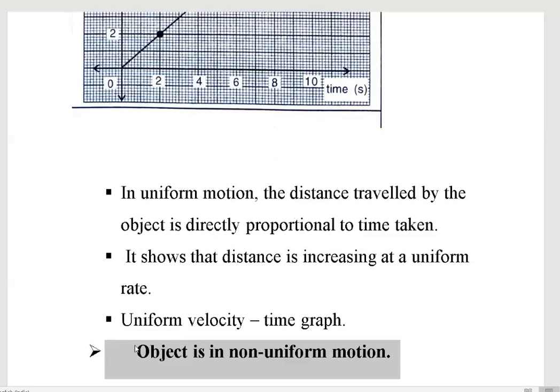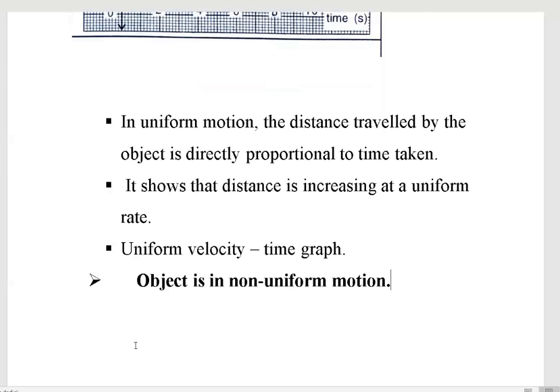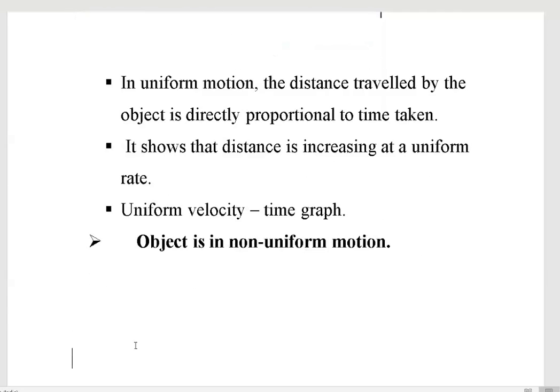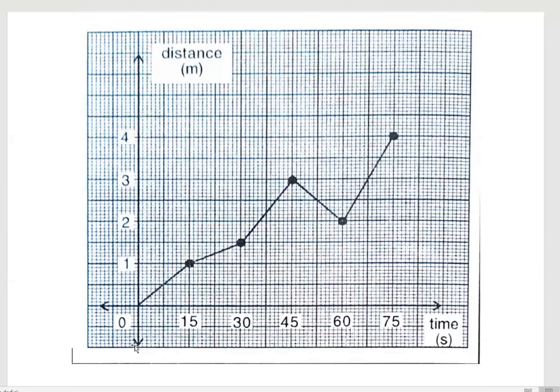Now let's consider the other condition, when the object is in non-uniform motion. Look at this graph. Here in this graph, scale on x-axis is 2 units equal to 15 seconds. See this, from 0 to 15, 2 units are used. From 15 to 30, again 2 units are used. And on y-axis, 2 units is equal to 1 meter, showing distance.